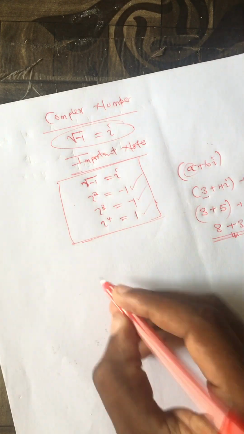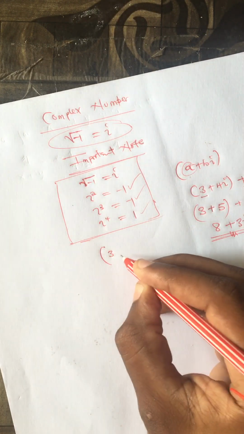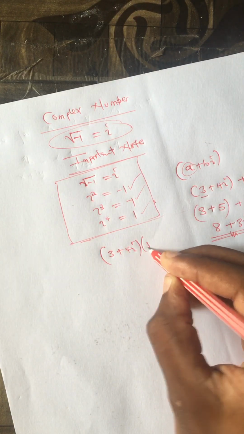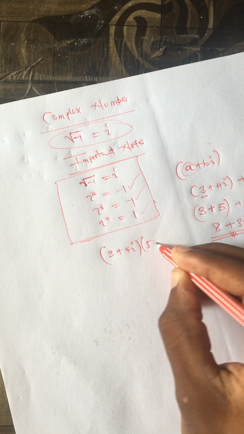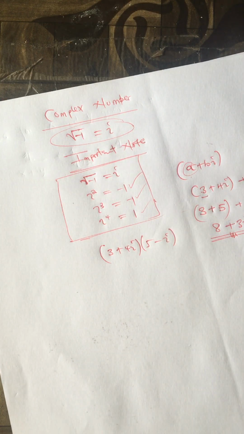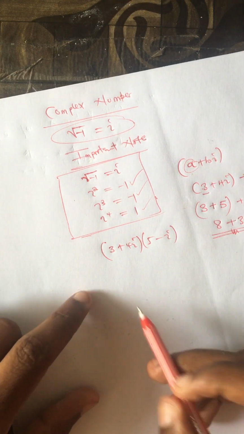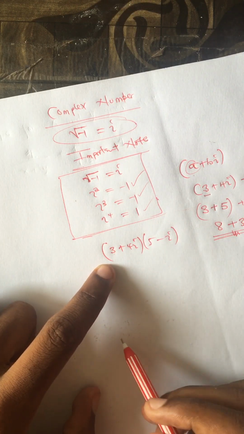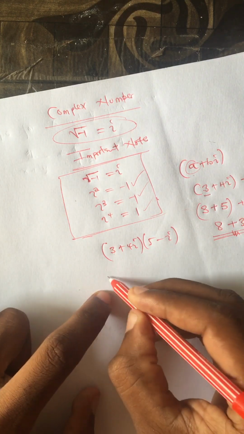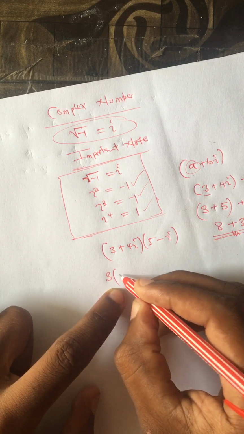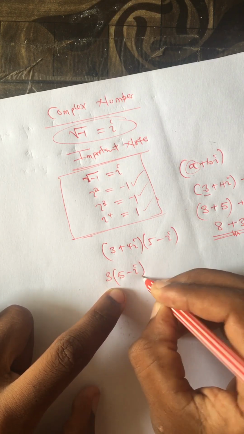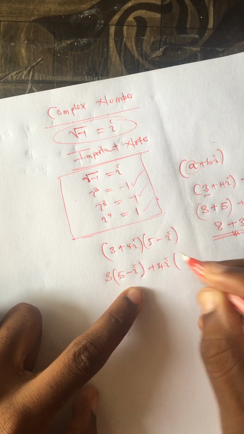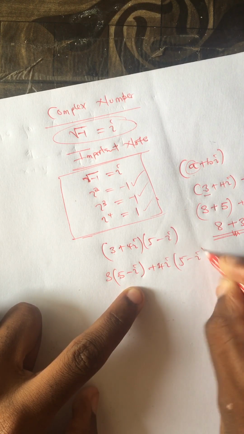So then for multiplication, the basics, the important stuff which I talked about, come in. For example, if they tell you to multiply 3 plus 4i by 5 minus i, we multiply the entire bracket with what is in the other bracket.